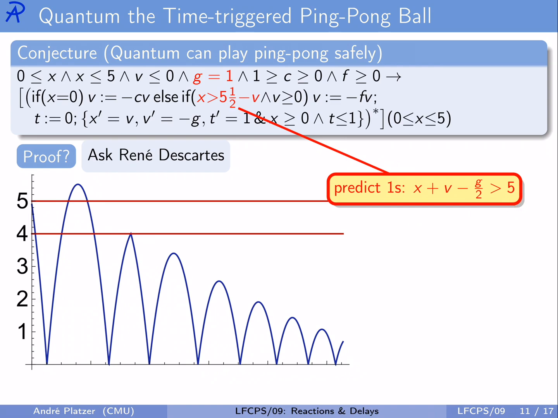And if we rewrite this under the simplifying assumption that gravity is exactly 1, just to make the math easy, then we have a half come over to the right-hand side, 5.5, and we've got the velocity coming over to the right-hand side. So we're checking if the current position is bigger than 5.5 minus the current velocity. And if it is, we act right now.